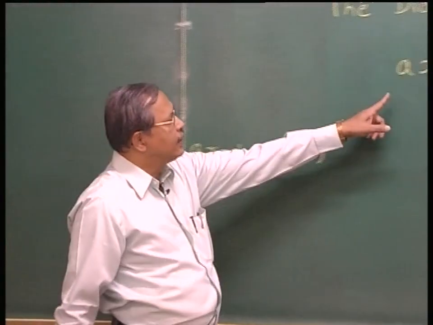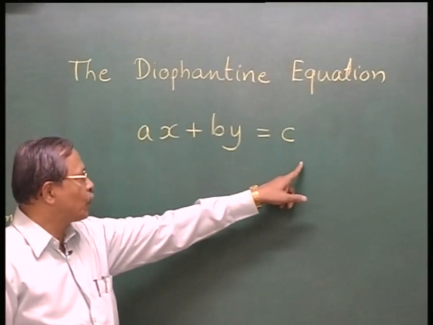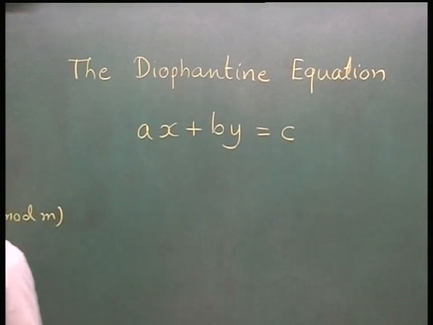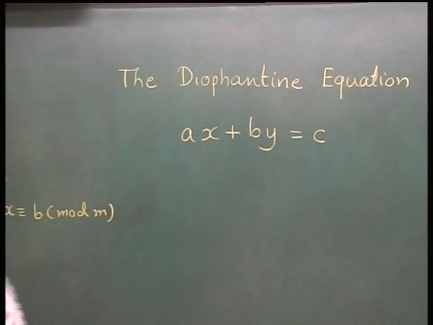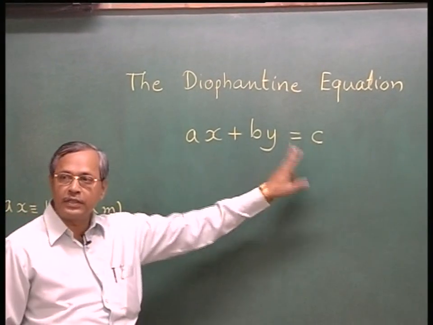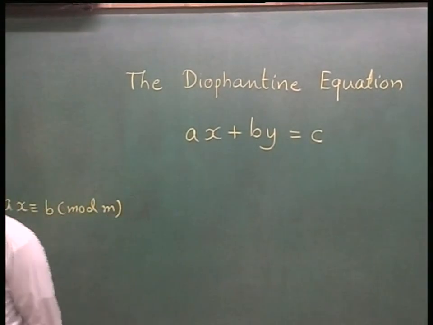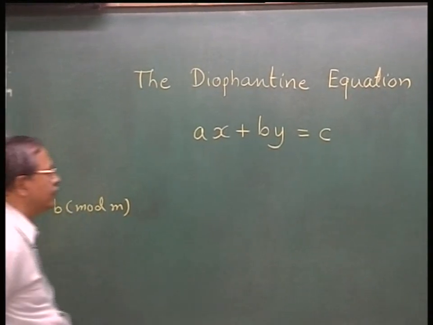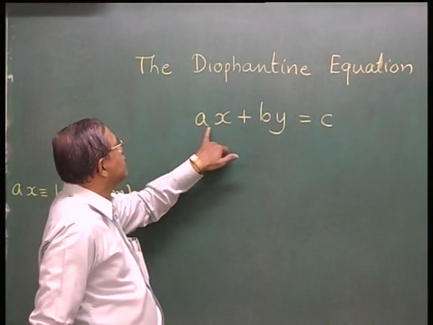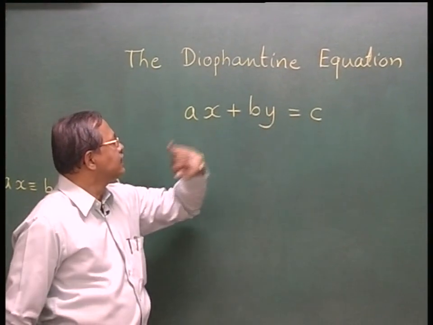Here we shall see this equation Ax plus By equal to C, and we want solutions for this in integers. Here we have a similar condition for existence of solution. So A, B, C are integers.